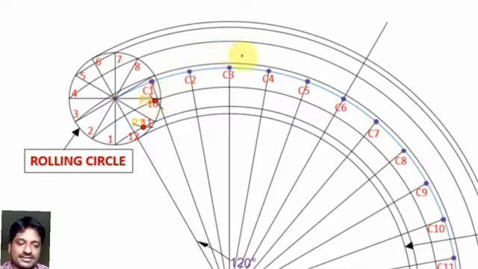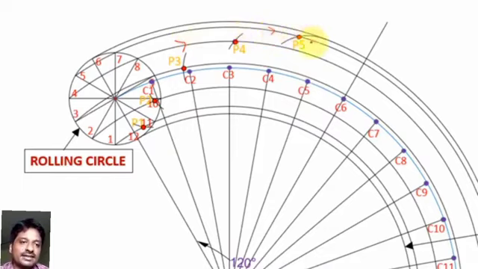You are able to understand this. Now we have to do the same for C3, C4, C5 and all other points. Let me take the point C3 and mark with the same radius an arc on the third curve, which represents P3. In the same way we do for C4, which makes an arc here which represents the point 4. In the same way, put the compass at C5 and mark an arc that generates the point 5.